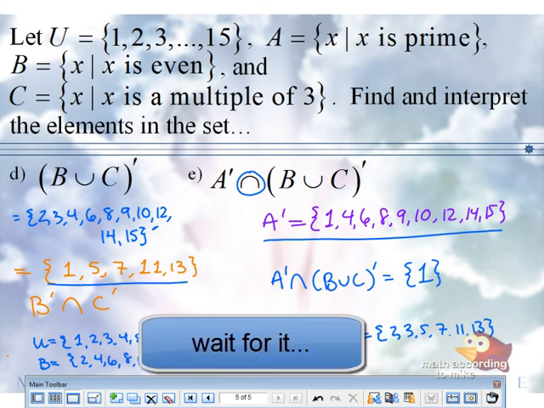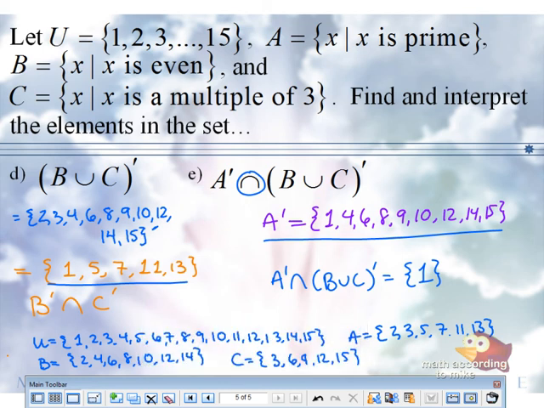It's not prime, and it's an odd number that's not a multiple of 3. So it's not prime, and it's an odd number that is not a multiple of 3. Pulse check. I'm okay.